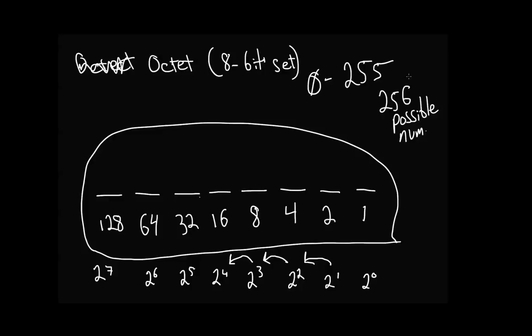But there's an easier way to know how many possible numbers there are and what the maximum is. We can just do that by doubling the last one. So if we took the 128 and doubled it, right, we'd get 256. And that's how you know how many possible numbers there are in any X number of bit sequence.